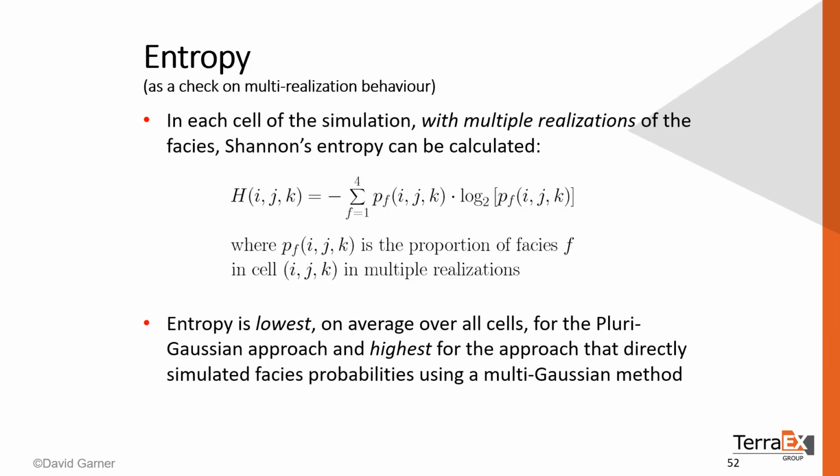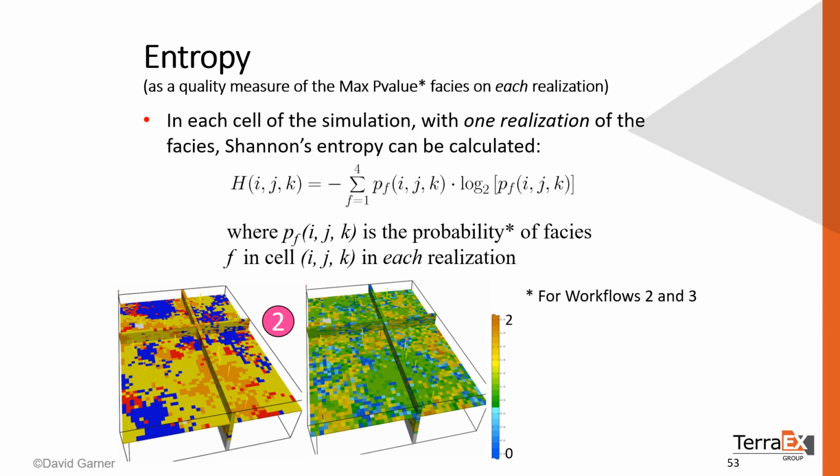So a last check then is the dispersion, and I used entropy, and we're not going to go too far into that. But it's something that's easy to calculate. And what we're looking at is really just the proportions of the facies and calculation. And so we can do this for a realization. We can do this across all realizations.